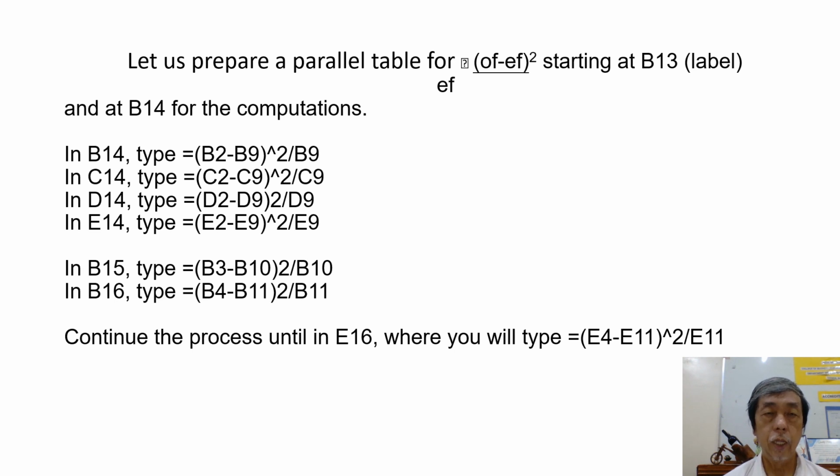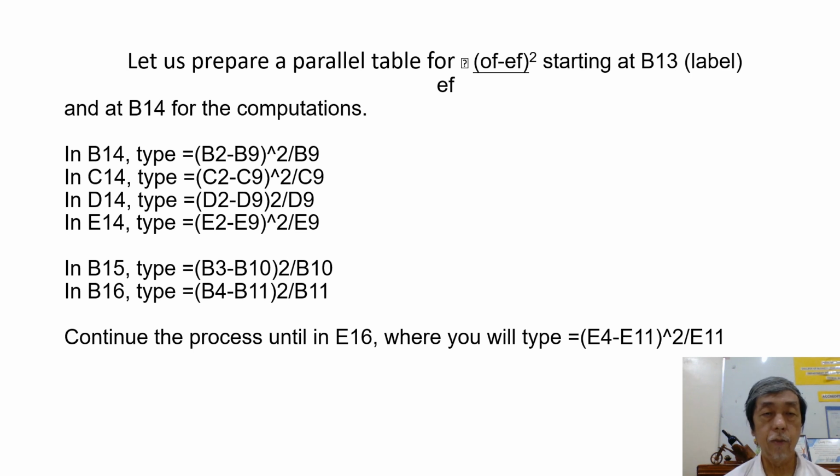We shall use the data to prepare a parallel table for the sum of the square of the difference, OF minus EF, divided by EF, starting at B13 as our label and at B14 for the computations.